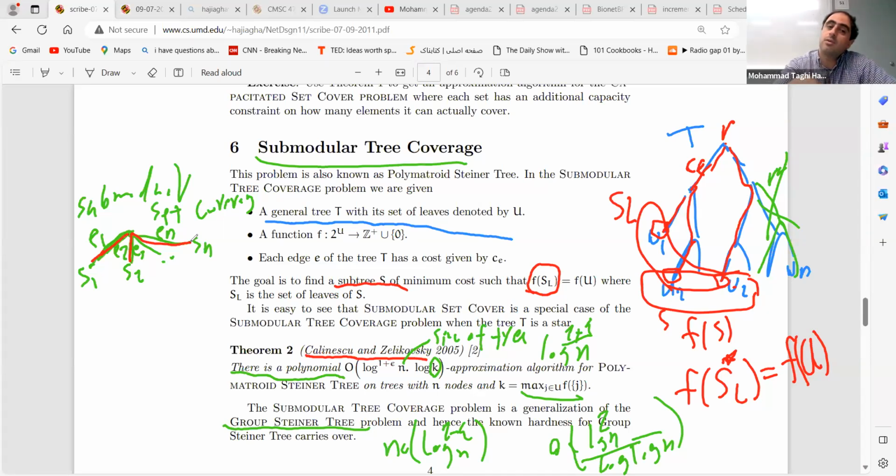Another problem, which is also a special case of this submodular tree coverage, is the group Steiner tree. So what is the Steiner tree essentially?